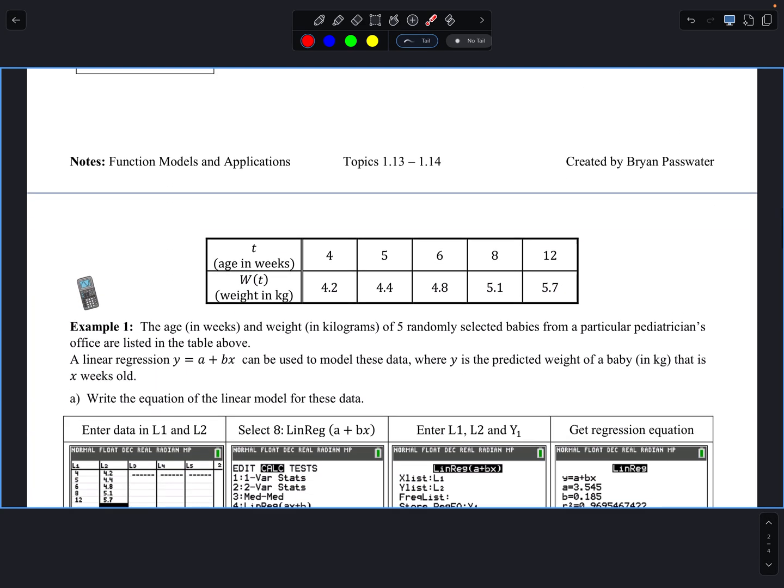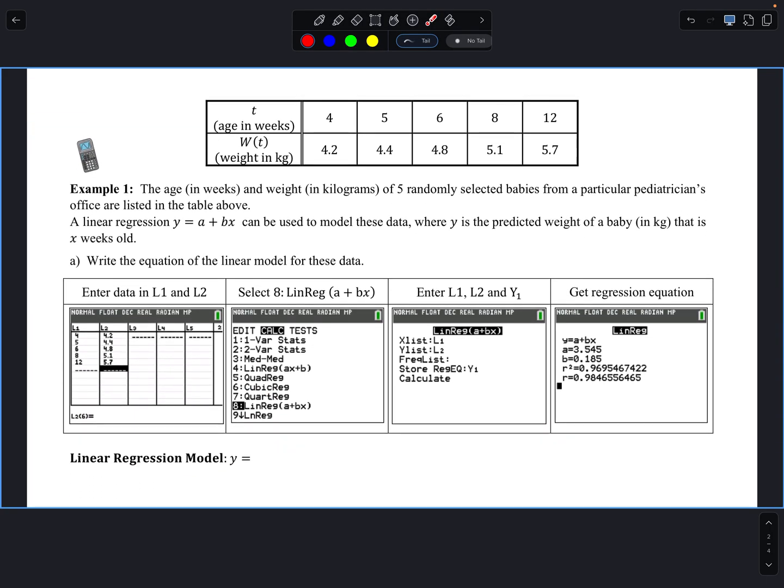So let's look at example 1. This is my first time teaching this, so let me explain this problem, and then I'll explain what I think is going to happen most of the time.